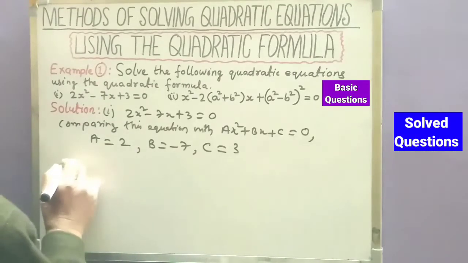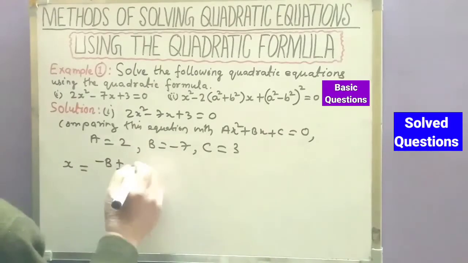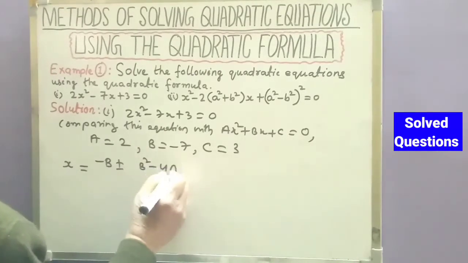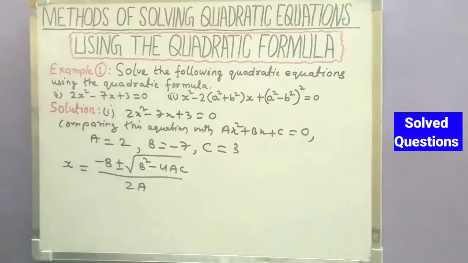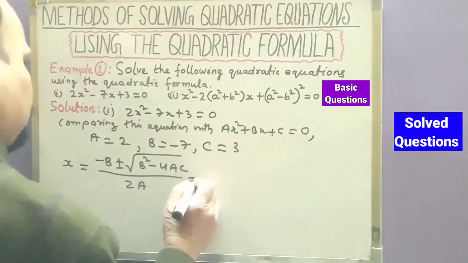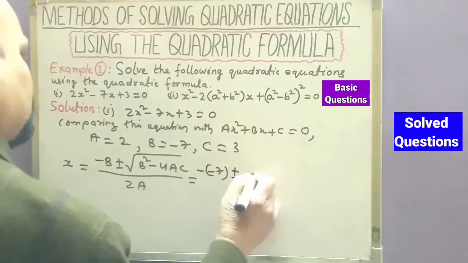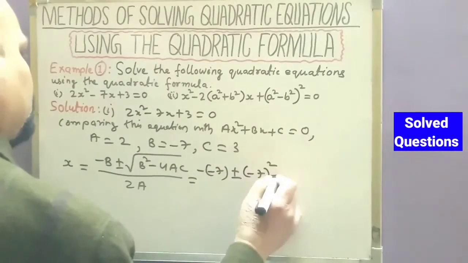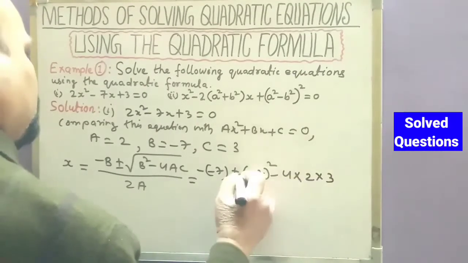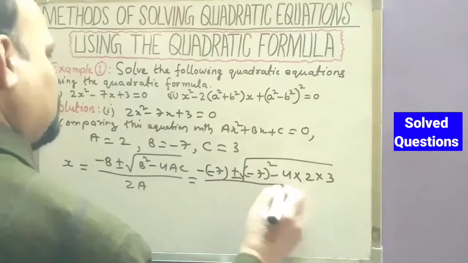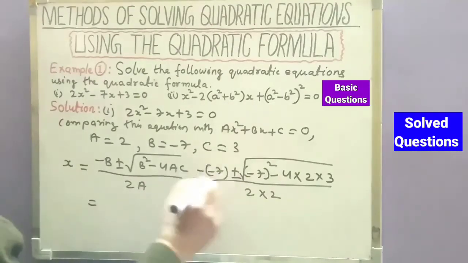Now, using the quadratic formula, we have x equal to minus b plus minus whole square root of b square minus 4ac upon 2a, that equal to minus into minus 7 plus minus whole square root of minus 7 square minus 4 into a means 2 into c means 3 upon 2 into 2, because a equal to 2.